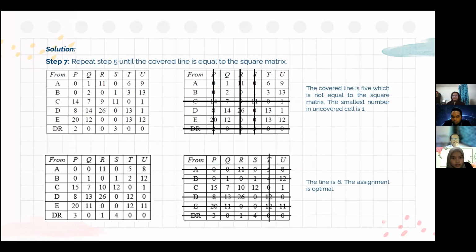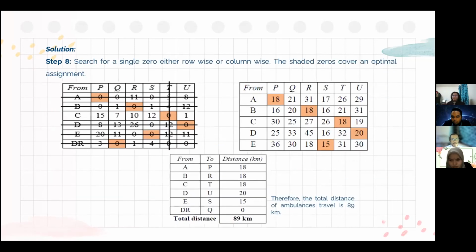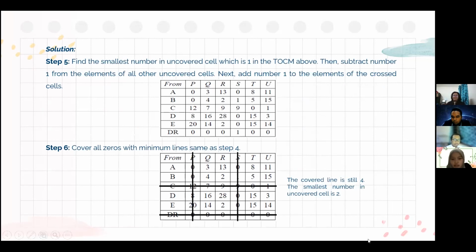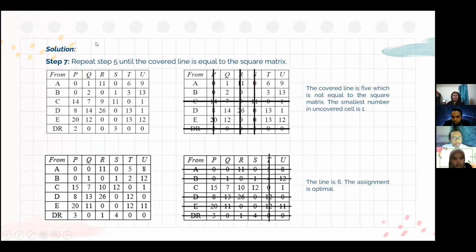Since the smallest number in the uncovered cells is 2, we add 2 at the intersections of the lines, so 12 plus 2, we got 14, and then here we got 1, and then here we got 10, and then we got 2 here. All these uncovered elements will be subtracted by 2. So this is what we got.